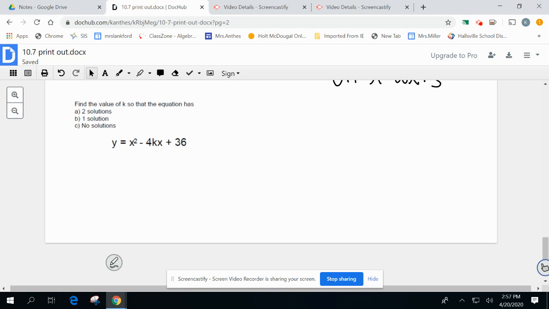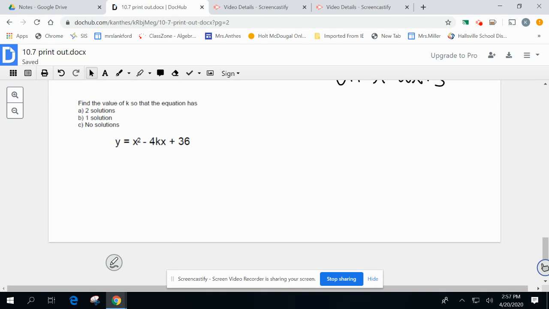So we would have something like b squared. So it's going to have to be negative 4 something squared minus 4 times 1 times 36.